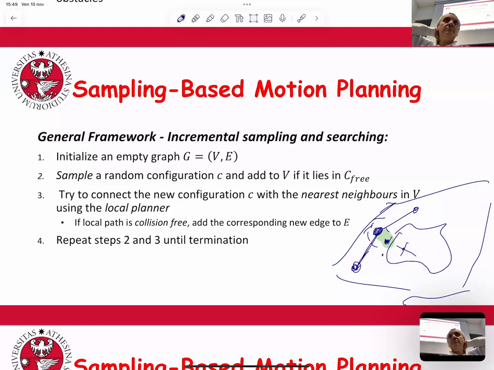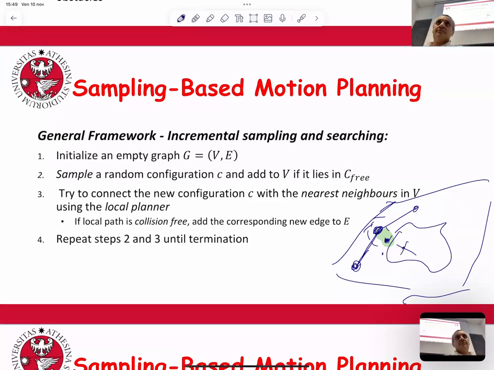Or you can directly consider the kinematic structure of your robot, and then once you extract samples, you are working in a higher dimensional space. In this case, you are also considering the orientation, for instance, and then you try and see if it's possible to do the connection directly with a maneuver.